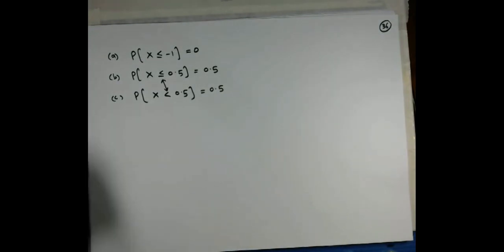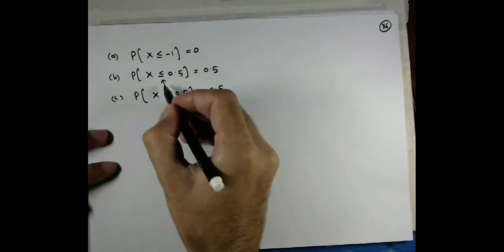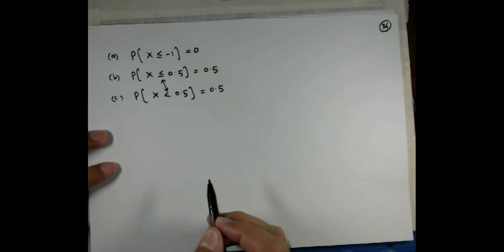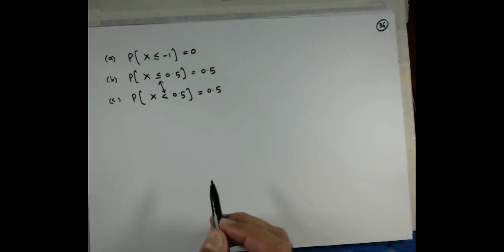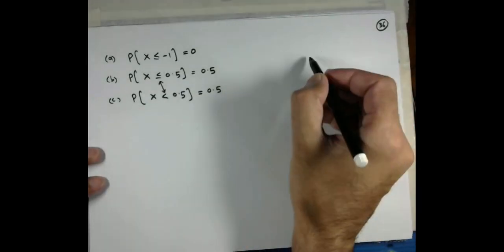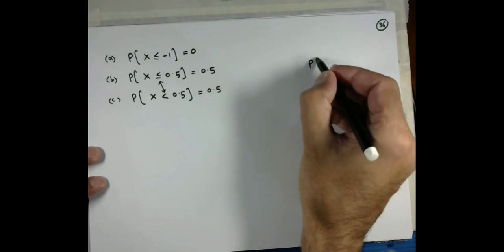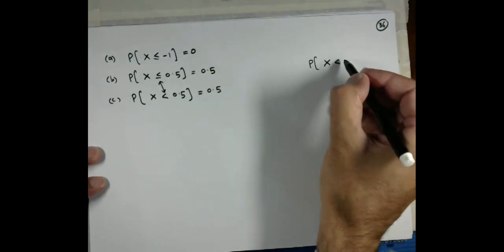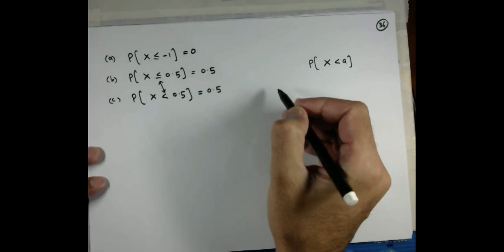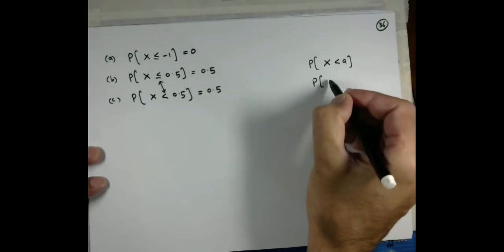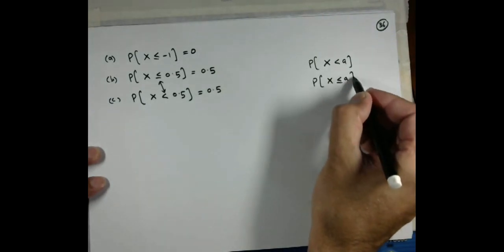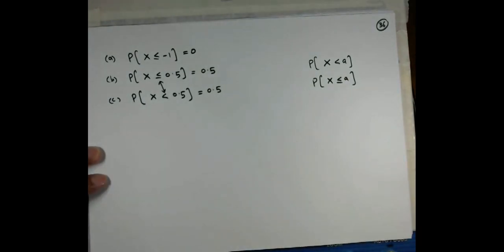So here now we have a new point in mind, and that is strict and loose inequalities in case of continuous random variables behave the same way. So you write for any case, the probability that x is less than a and the probability that x is less than or equal to a, these are exactly the same.